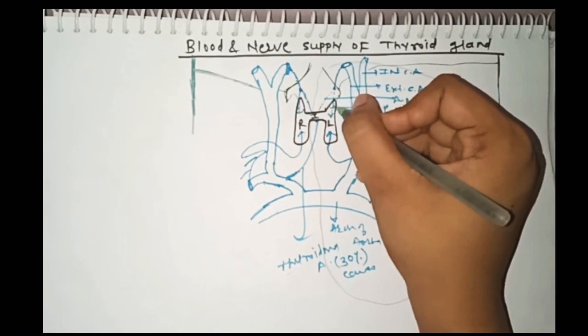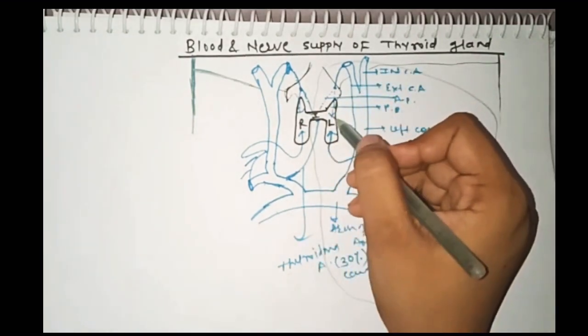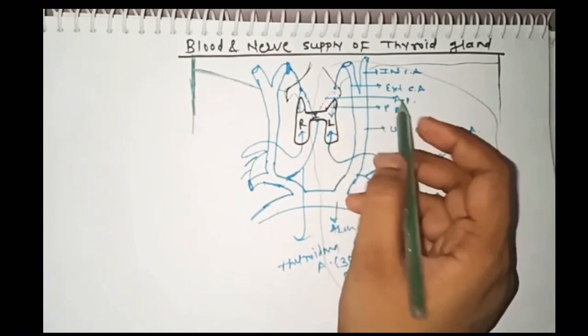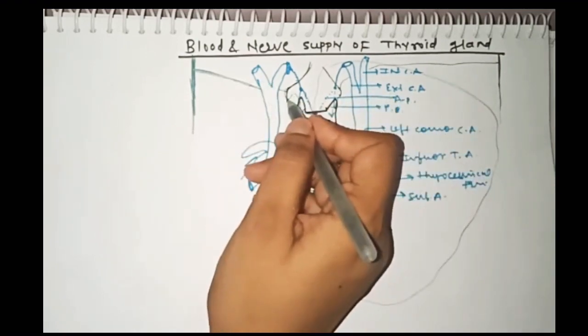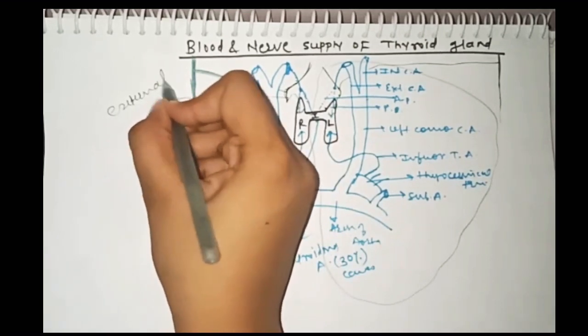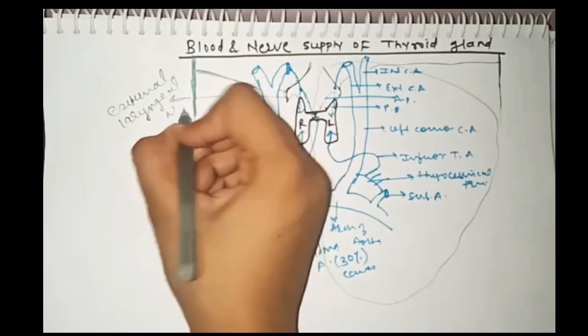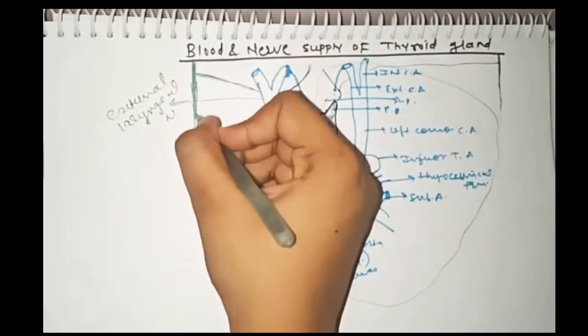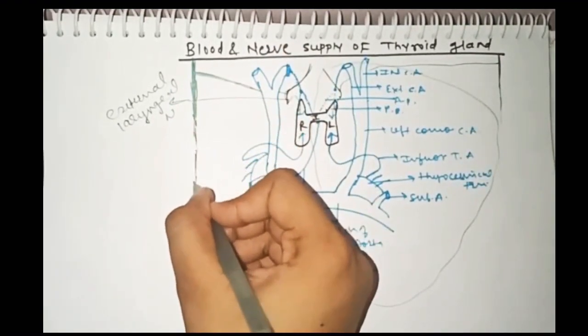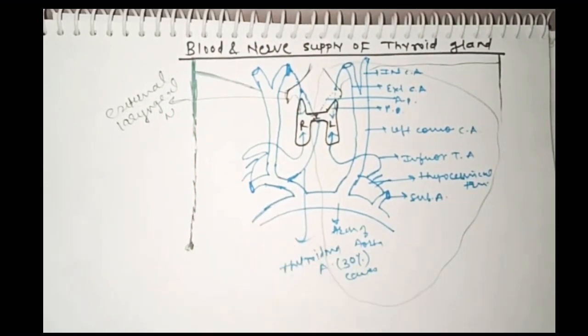The external is supplied to the upper portion of the left lobe of the thyroid gland, and it is related to the superior thyroid artery. This is known as the external laryngeal nerve.